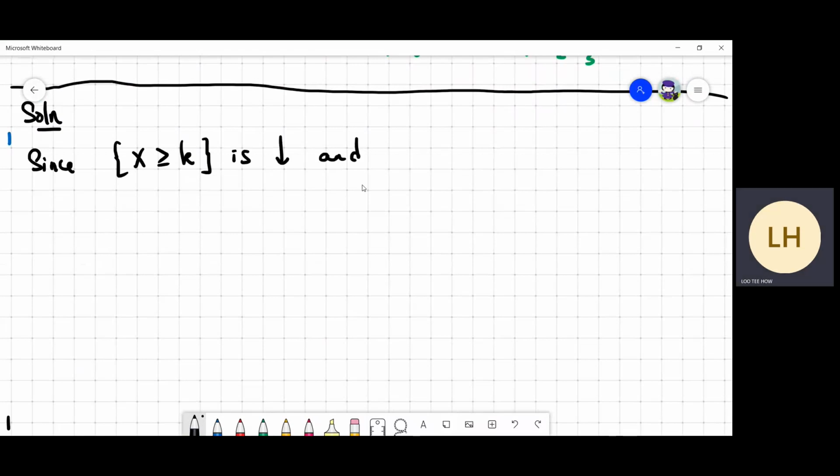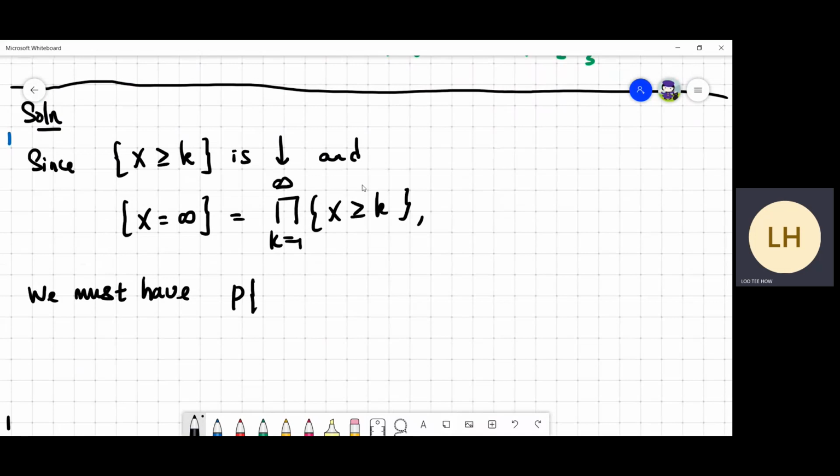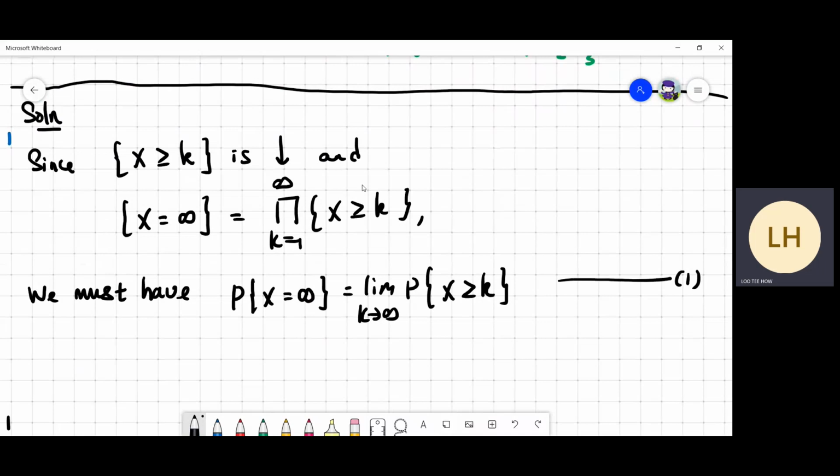Also, this event X equals infinity is just the intersection of all these events. So we must have P of X equals infinity is the limit as k approaches infinity of P of X greater or equal to k. So again, we have statement 1.